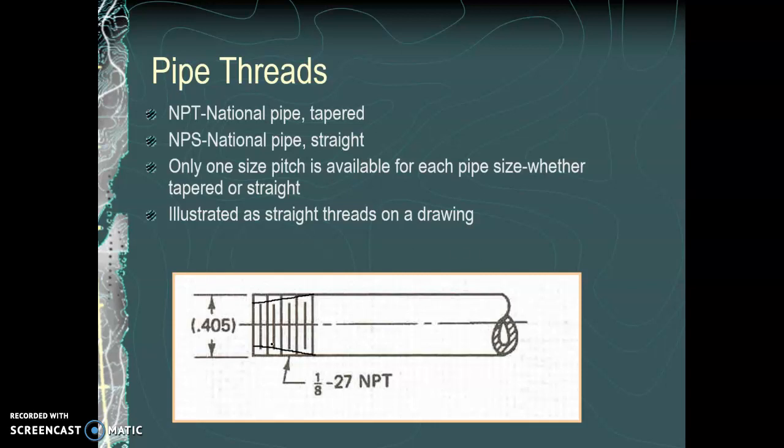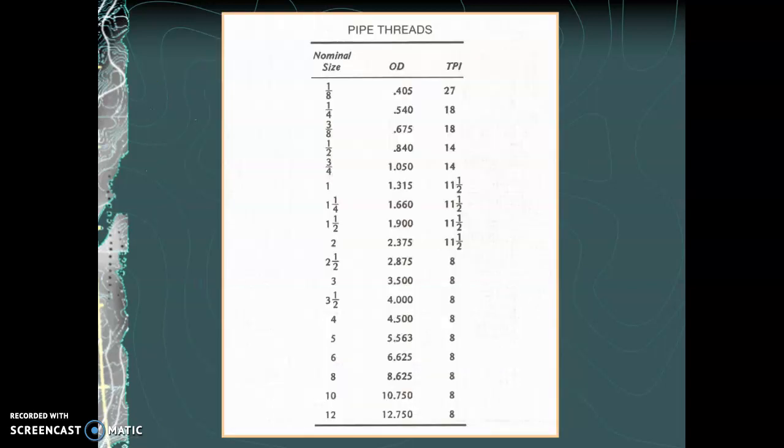And so here we have a chart showing us some of the sizes of pipe threads. Now, one thing about pipe is that it's typically dimensioned by its inside diameter. So if you have, let's say, 1-inch pipe, then the inside diameter is going to be 1 inch.